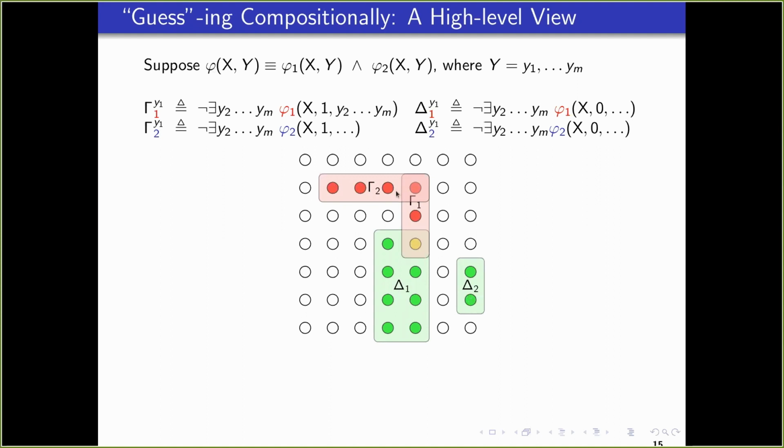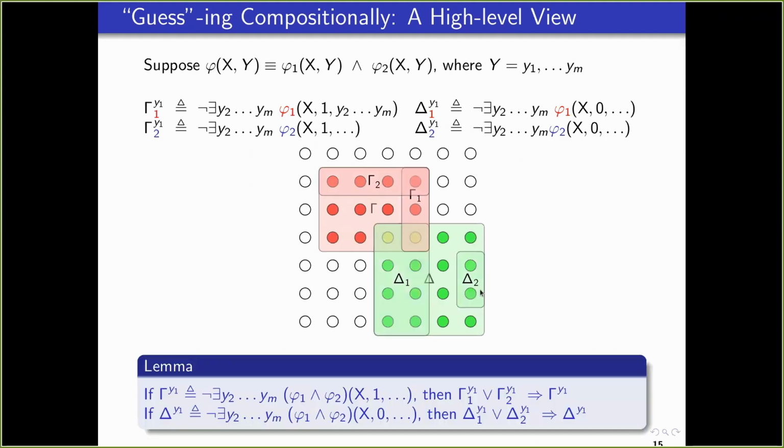But it turns out that the gamma for phi is not just the union of gamma 1 and gamma 2. Similarly, the delta for phi is not just the union of delta 1 and delta 2. It's an under approximation. So the real gamma could have more things here, and the real delta could have more things here. So what we can show is that the union will under approximate the real gamma, and the union will under approximate the real delta, if your specification was a conjunction of two subspecifications.